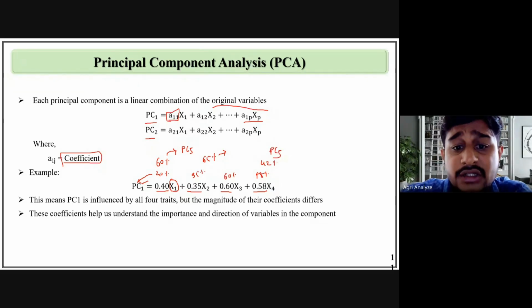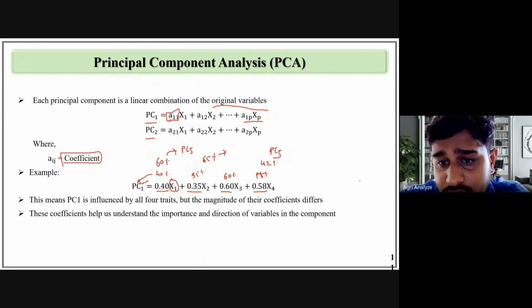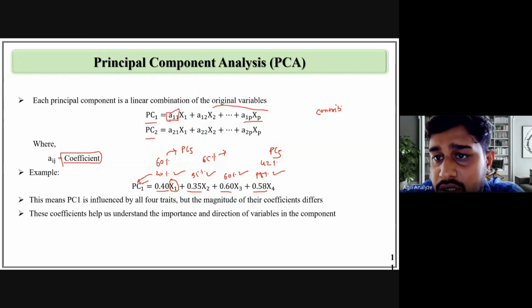So here, this is the contribution: 40%, 35%, 60%, and 58%. This is the contribution of each variable or trait for generating PC1.